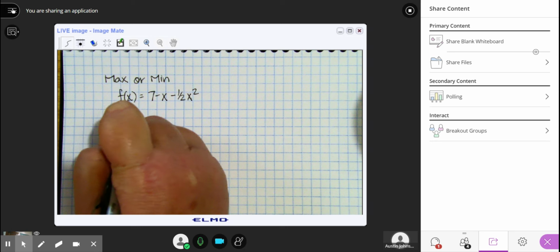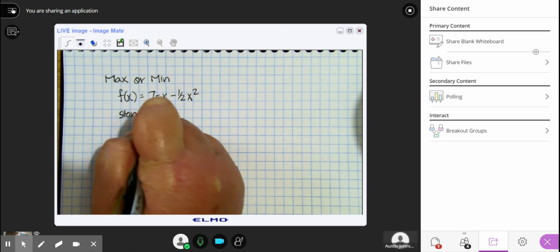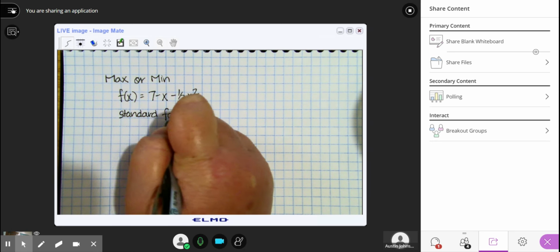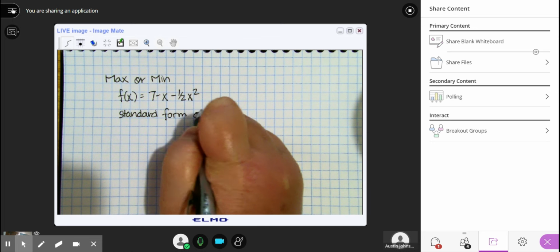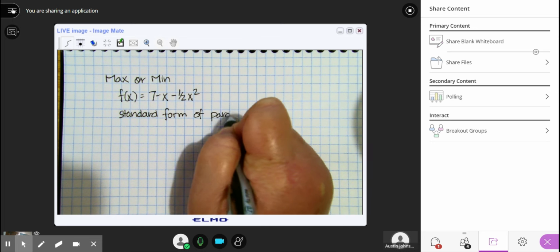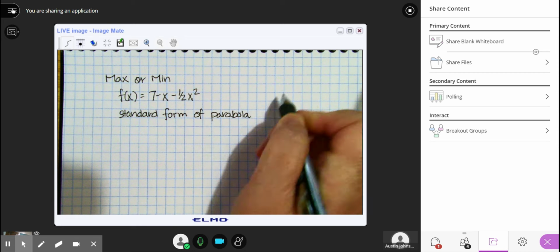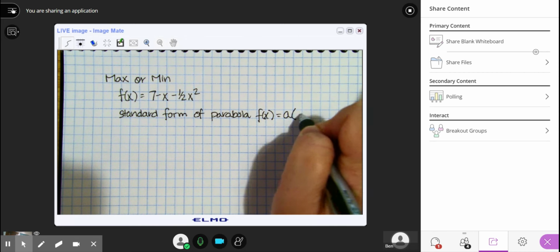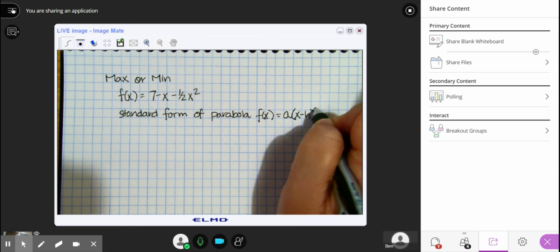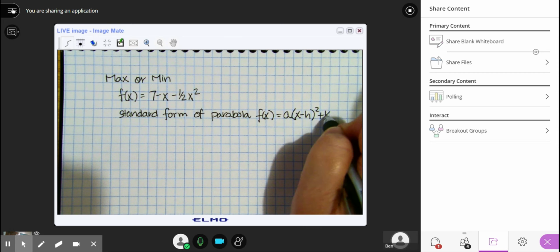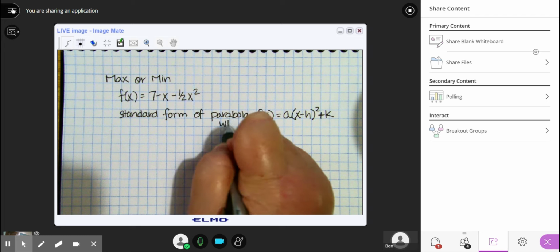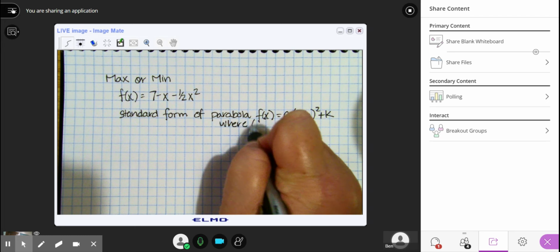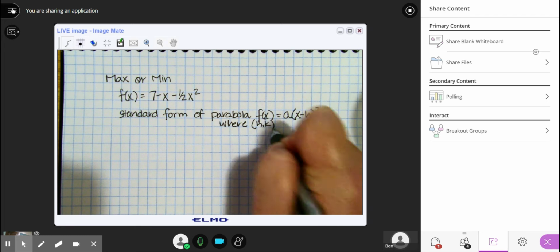So what they're getting at is from the first section, which is the standard form of a parabola, where f of x is equal to a times x minus h squared plus k, where hk is the vertex.